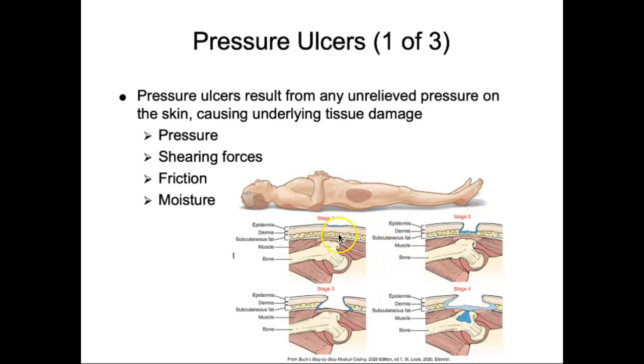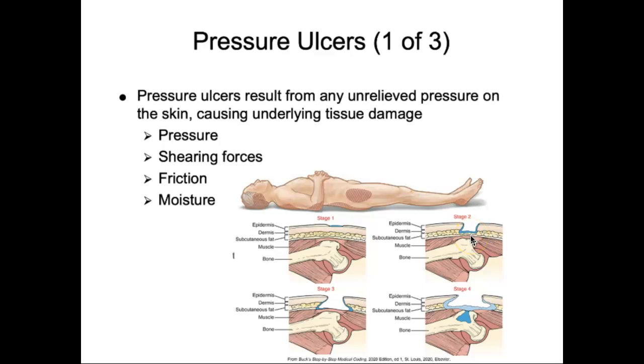So in these images, we can kind of see the different stages of pressure ulcers. So when we have a little bit of pressure in an area and then we remove that pressure, within a few hours, we might have a little bit of redness and then there's no tissue damage. So just the area of the epidermis is a bit affected. But then as we add pressure to that area for hours, for days, then we're going to start to see that the endothelial cells that line the capillaries within this region are going to become disrupted.